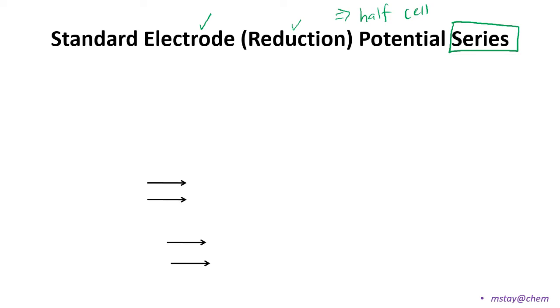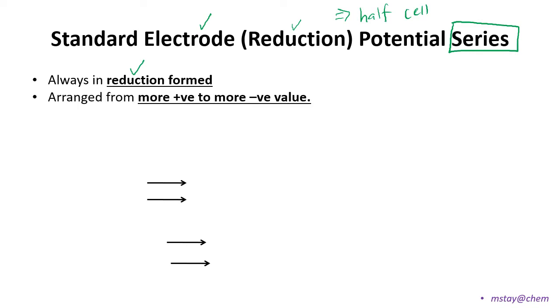Based on the table we showed in the previous slide, all the half equations are always in the reduction form. This is also why the series can be known as the reduction potential series, and we always arrange them from more positive to more negative value.